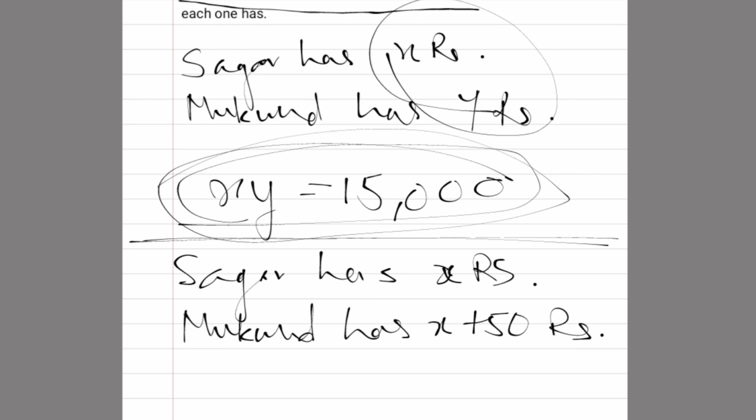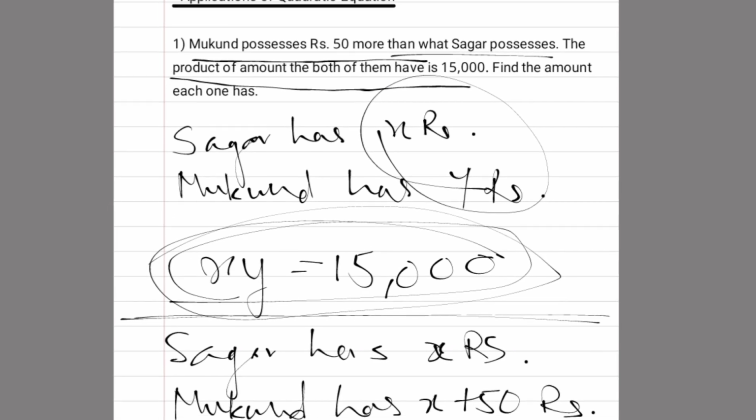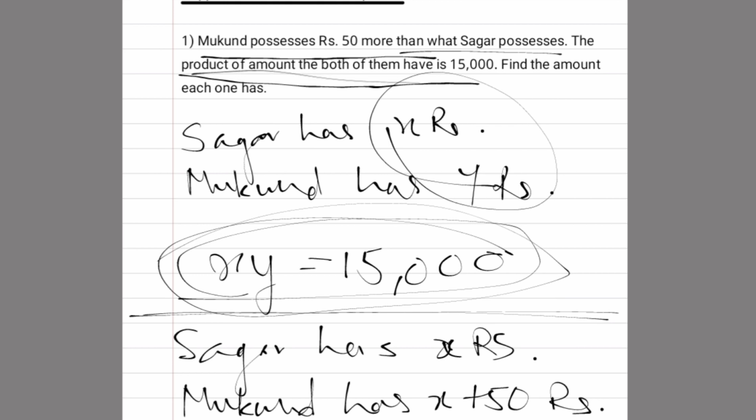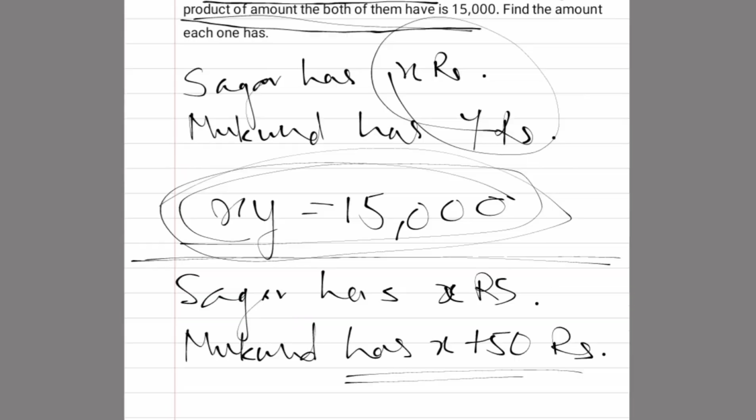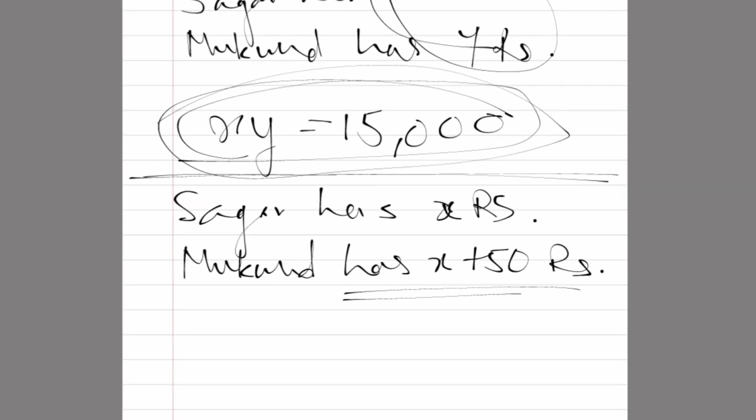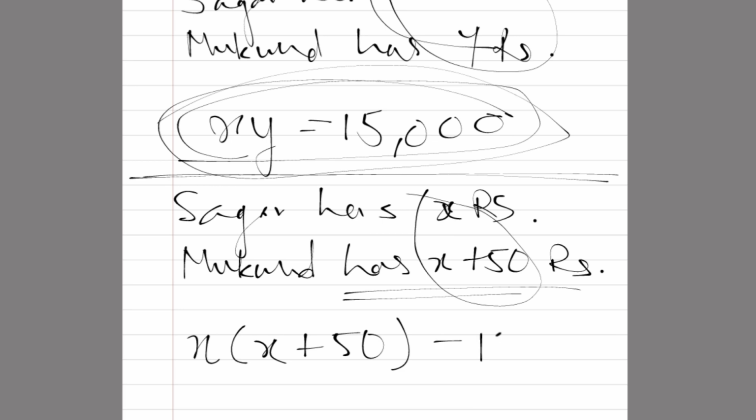So this is one condition and one variable, x, and we use the condition to get the other unknown thing, right? So the second condition is the product of the amounts both of them have is 15,000. Now we just multiply these two terms, and what we will get is x into x plus 50 is equal to 15,000. Right, this is the thing they have given.